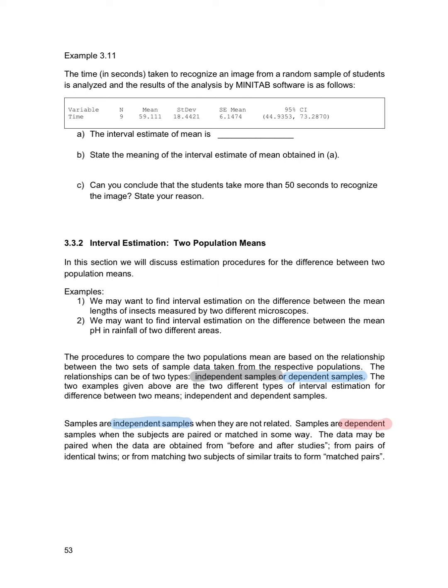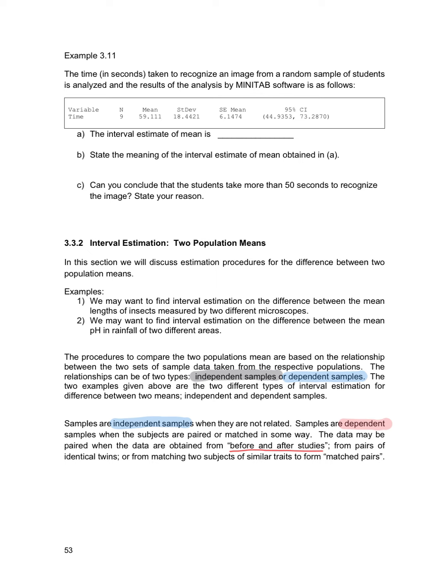The data may be paired when the data are obtained from before and after studies, from pairs of identical twins, or from matching two subjects of similar traits to form matched pairs. So for dependent samples, the difference is, let's say the data are taken from a before and after study.